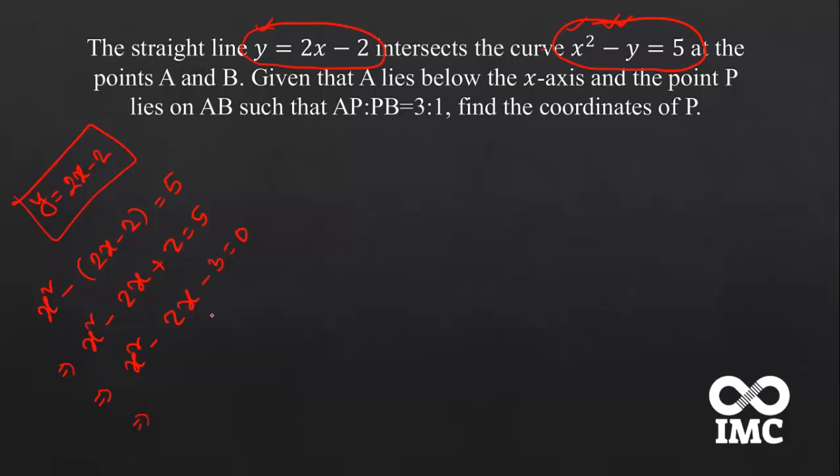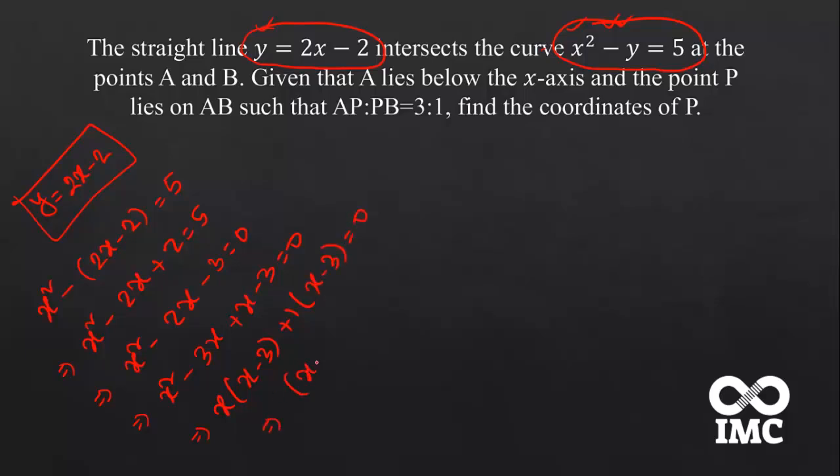Now, by using the middle term method, we can easily break down the middle one. So x squared minus 3x plus x minus 3 equals 0. Then if I take x as a common factor, we get x minus 3, plus, if I take 1 as a common factor, x minus 3 equals 0.